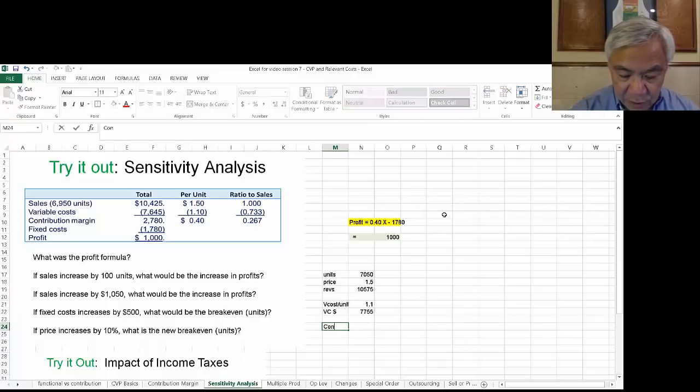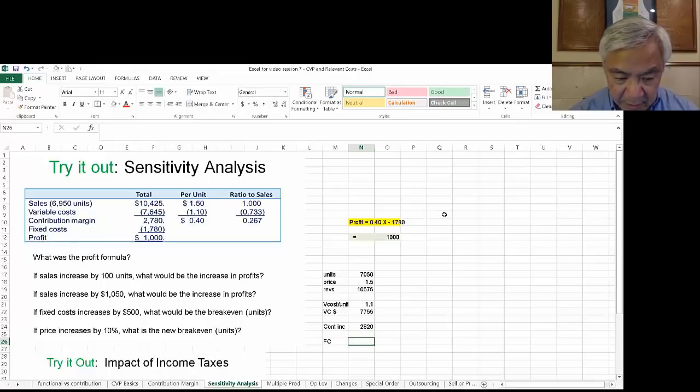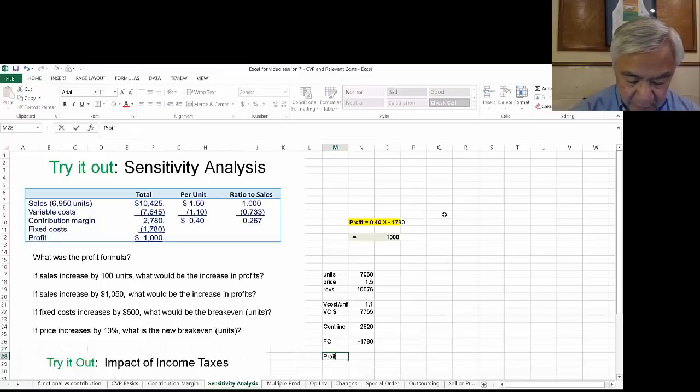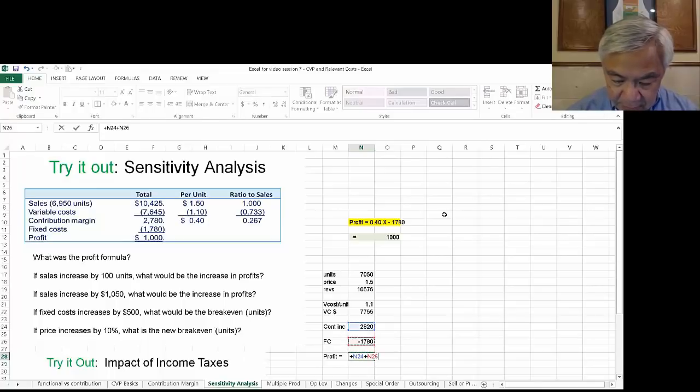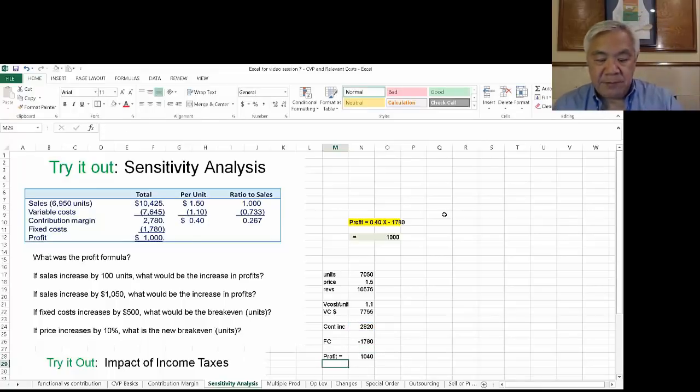And then we have contribution income, and that's the revenues minus the variable cost, and our fixed cost is the same as always, so that is minus 1,780. So profit equals the contribution plus that, right? What we've done is we built it up from scratch, the total sales minus total variable cost minus total fixed costs. But we could have done a shortcut.